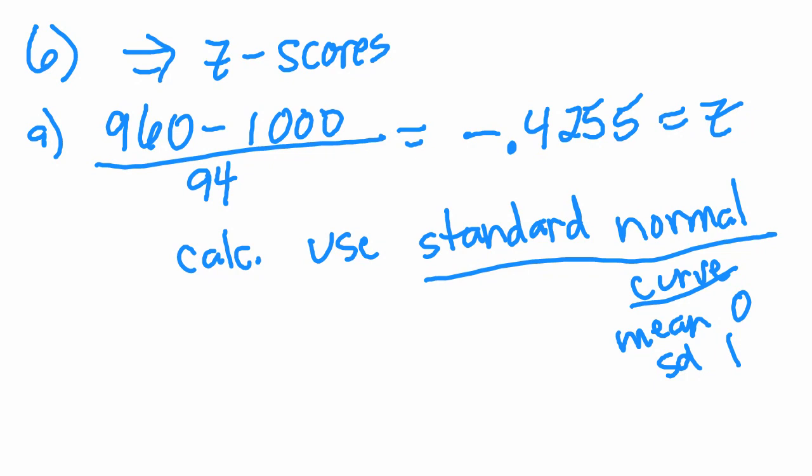Since you joined late, what we talked about first was z-scores, and what we use the z-score for. We use the z-score to translate any normal curve to the standard normal curve. The standard normal curve has mean 0 and standard deviation 1.